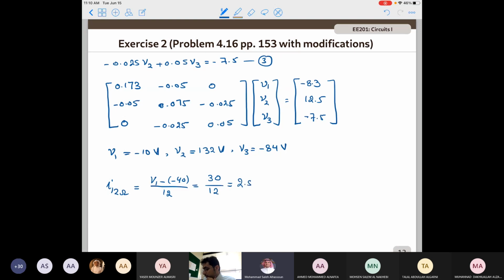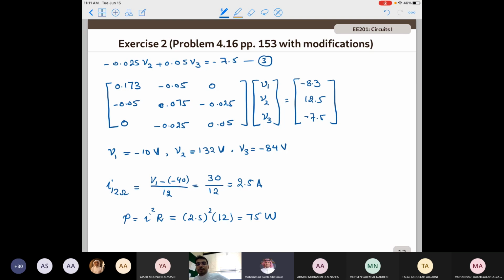This is going to give me 2.5 amperes. So the power will be I squared multiplied by R. So I squared will be 2.5 squared multiplied by R. R is 12. So this is going to give me 75 watts.